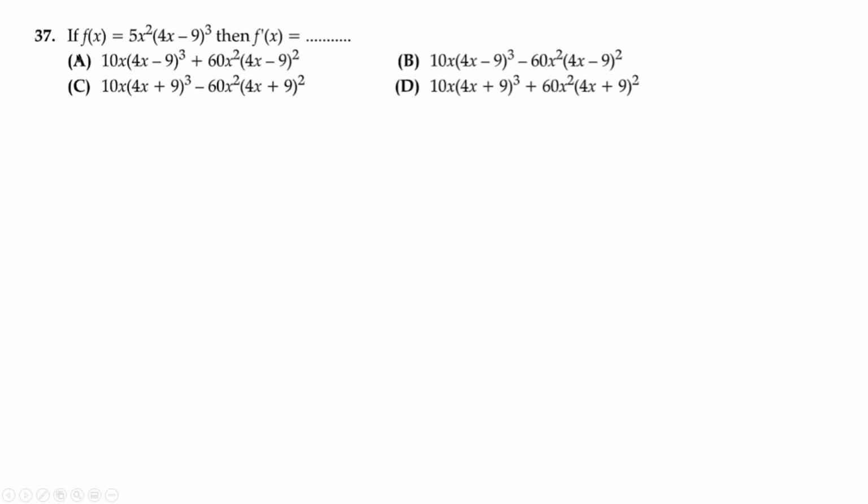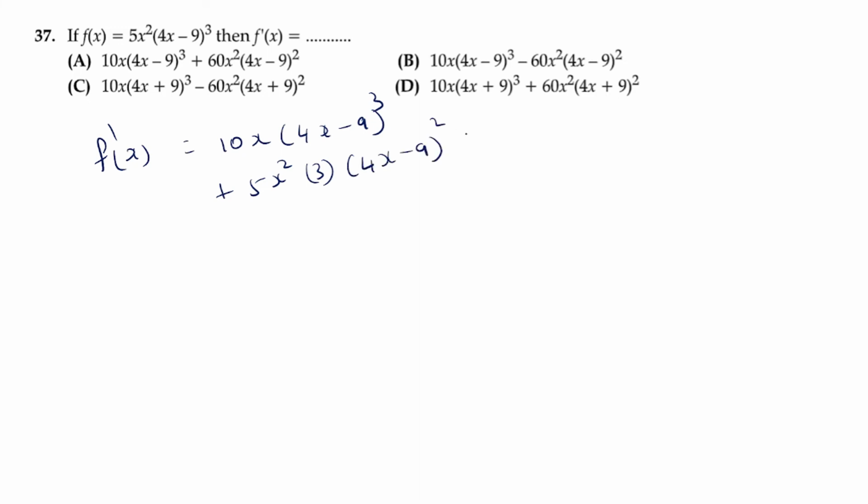Next question, if f of x is equal to 5x square into 4x minus 9 the whole cube, then f dash of x is equal to. Now this is easy. F dash of x is equal to 10x into 4x minus 9 the whole cube plus 5x square into 3 into 4x minus 9 the whole square into 4.